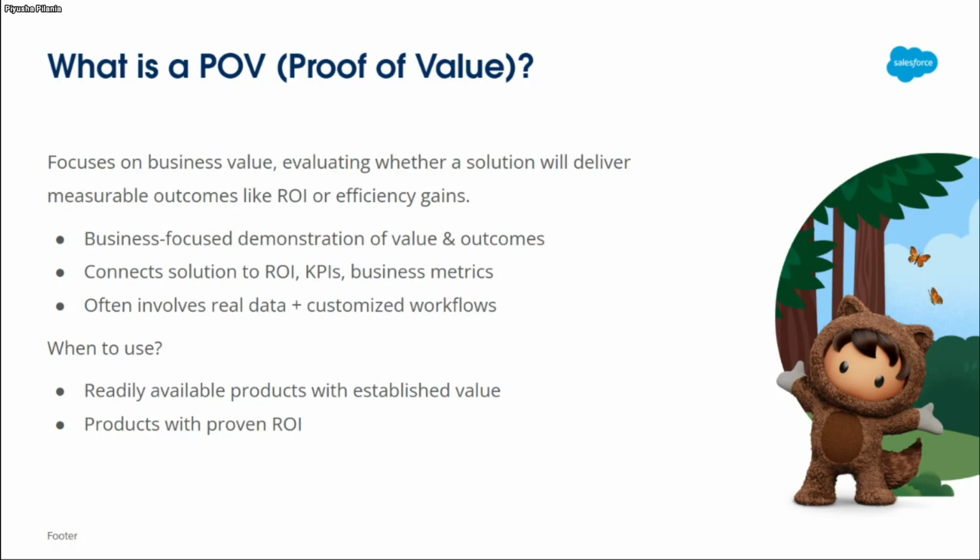It also talks about measuring the solution's impact against these metrics. It talks about how that data is going to deliver sufficient value so that the client can move forward with a full-scale implementation.